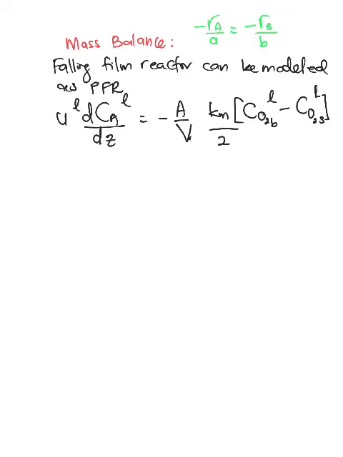Therefore, we can simplify the equation as UL dCAL per dz equal to negative A over V Km over 2.